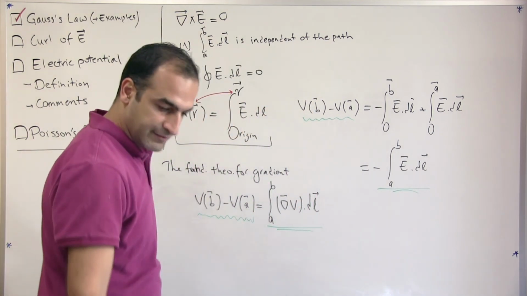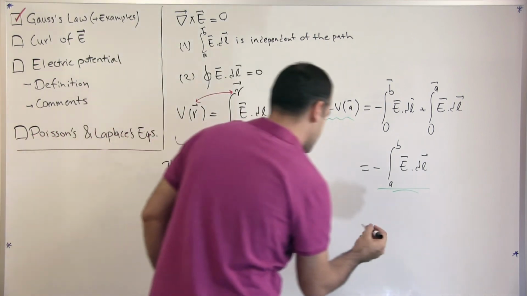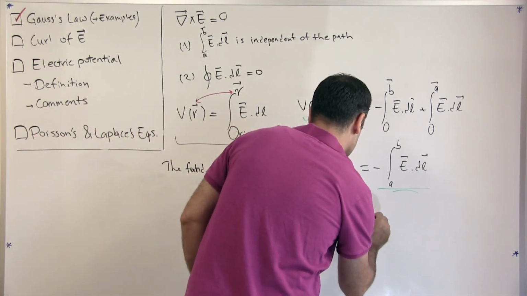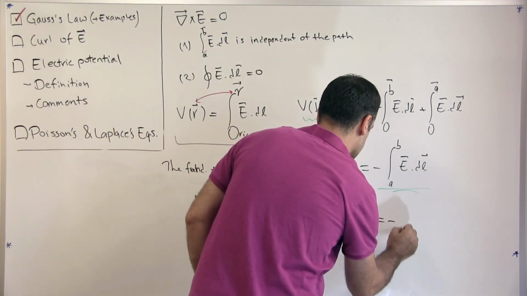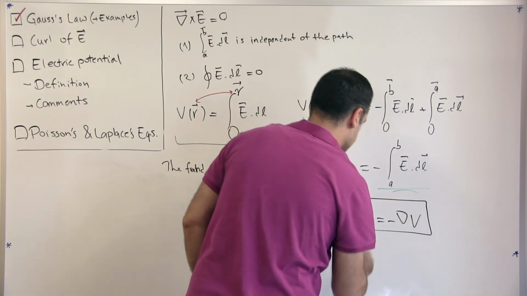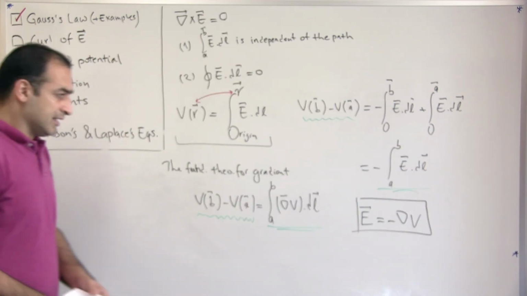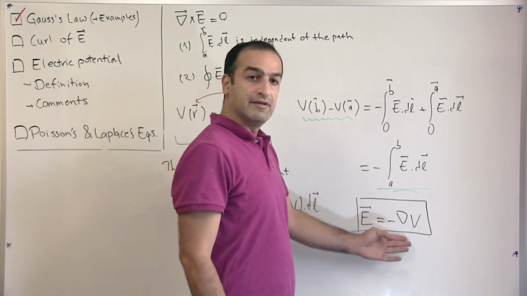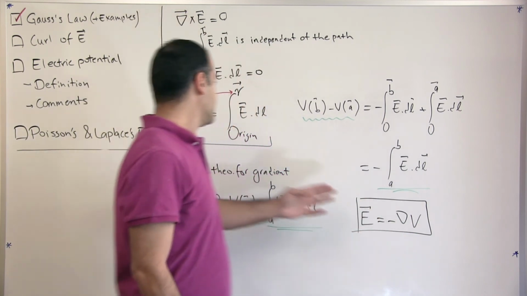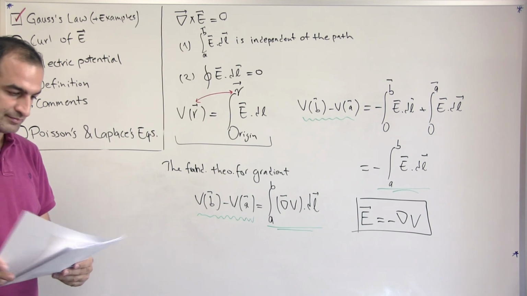From that I can conclude that starting with this definition of the potential, the electric field E can be written as the negative of the gradient of the electric potential. So this is basically the differential form of the definition of the electric potential, and the other is the integral form of the definition of the electric potential.